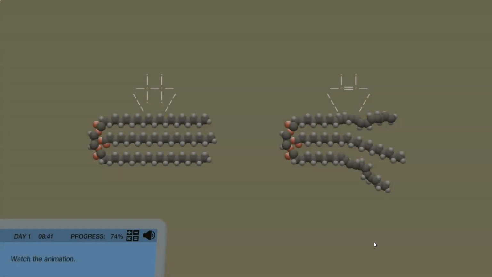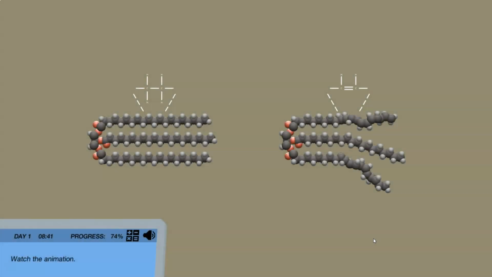Saturated and unsaturated fats refer to the structure of the hydrocarbon chains of fatty acids. Saturated fats have no double bonds between the carbon atoms. Hence, the structure is saturated with hydrogen. Unsaturated fats have one or more double bonds between carbon atoms. The hydrocarbon chain will bend at the position where a double bond occurs.